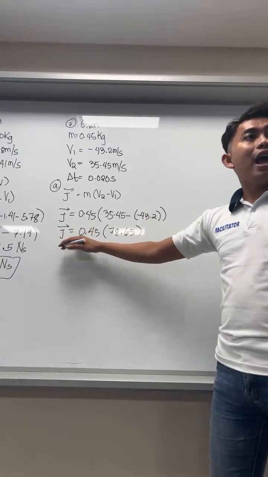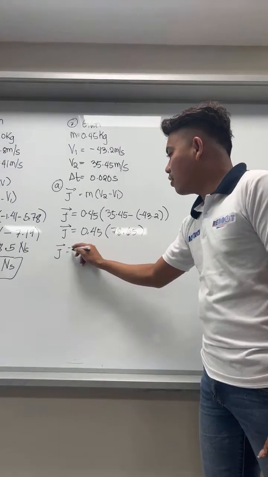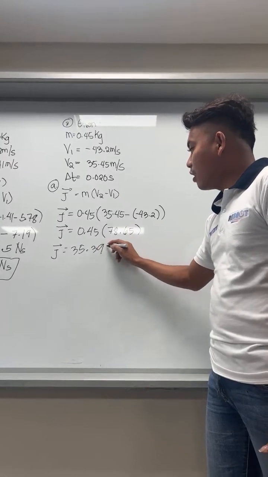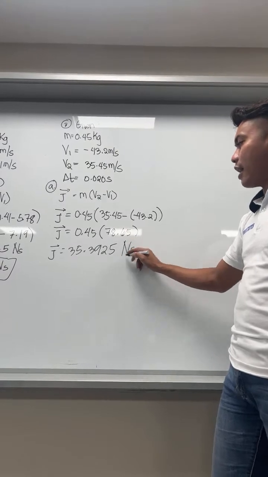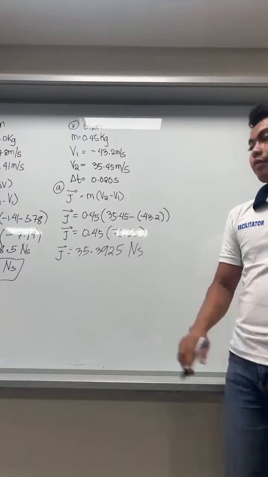Multiply this one, the product is 35.3925, and the unit is Newton second. Apply significant figures.